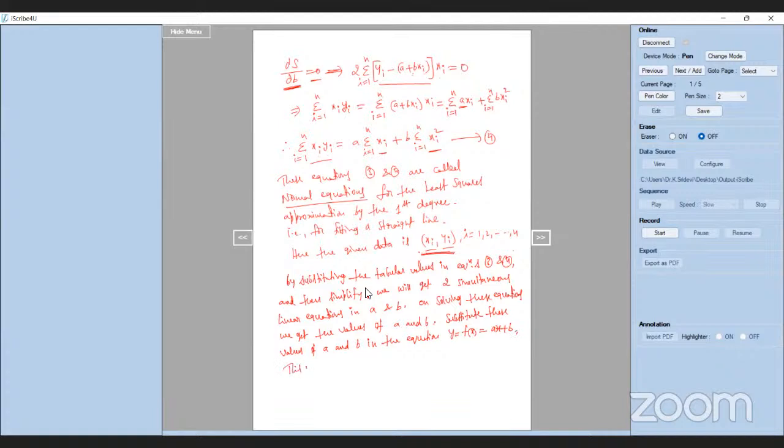Then we get the required least squares approximation for a straight line, or by a first degree polynomial, for a straight line of best fit to the given data.